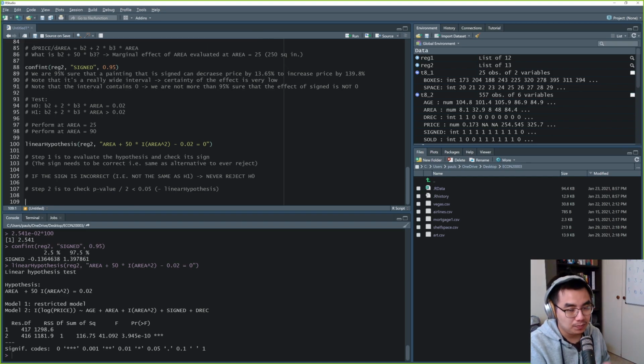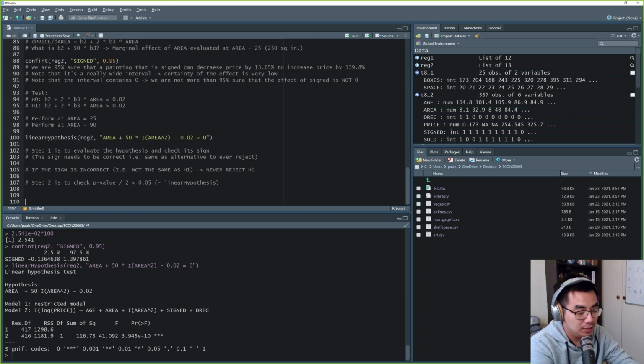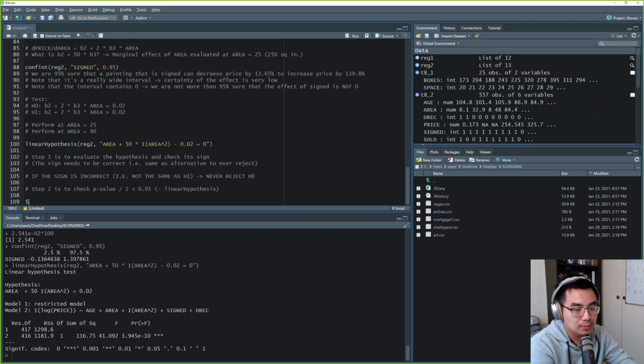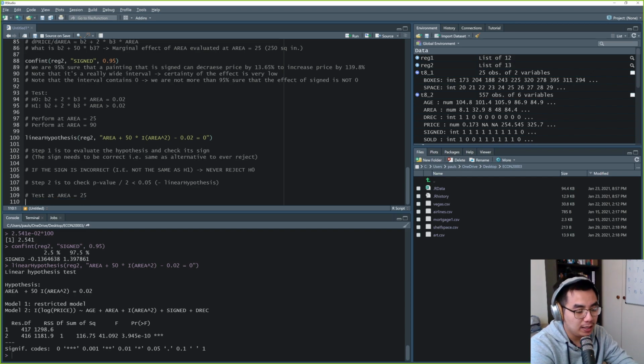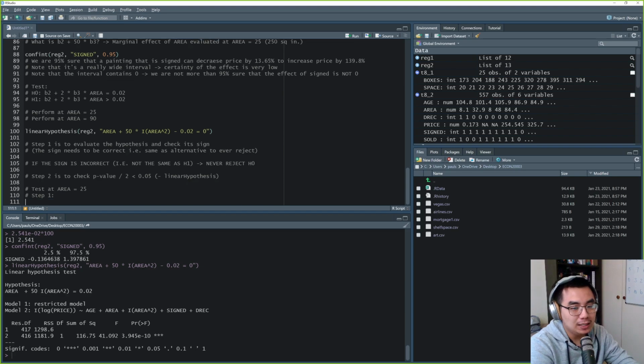Okay, so let's see how we would evaluate this at 25. Step 1 here. Okay, so test at area equal to 25. Okay, so step 1 is you have to evaluate this quantity right here.